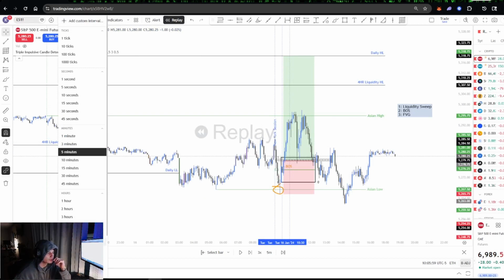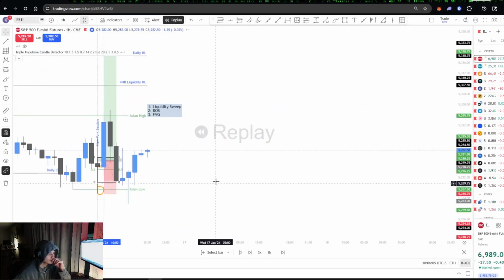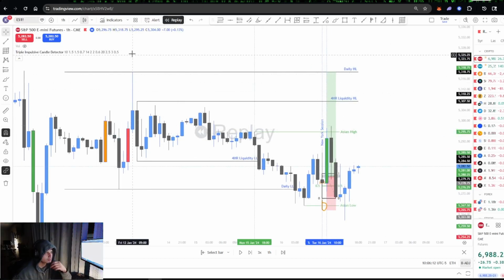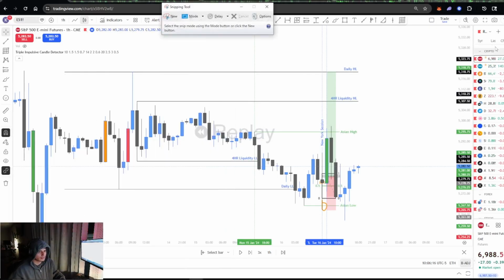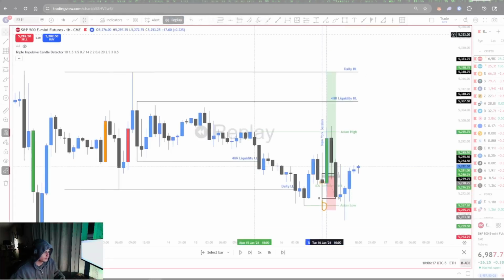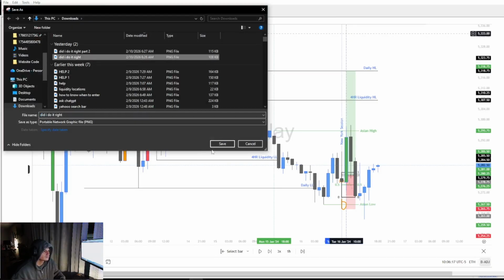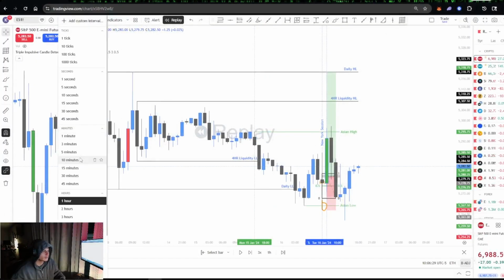So I'm gonna go to a 1 hour chart so I can see my chart. So let's see, sniping tool right there. Snip it. And then we're gonna break it down to a 5-minute.